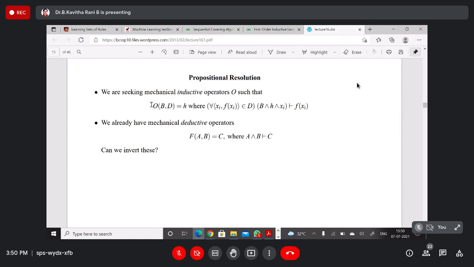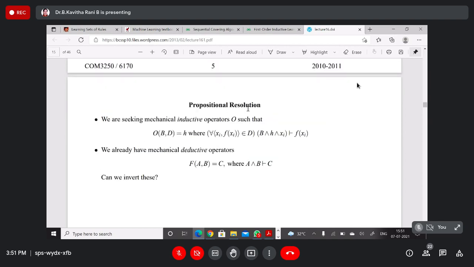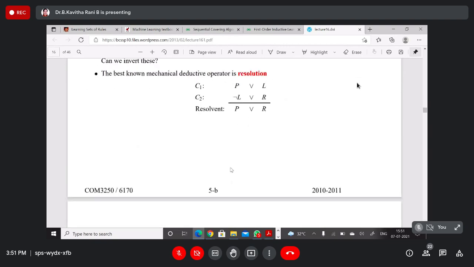Operator O of B, D, with B the background and D the data, is equal to H, where for every instance of a target function that belongs to D, background or hypothesis, x of i tends to the target concept, then that is equal to O of B, D. So propositional resolution is nothing but it is contradictory to inductive learning here. Okay, so let me show you one example.